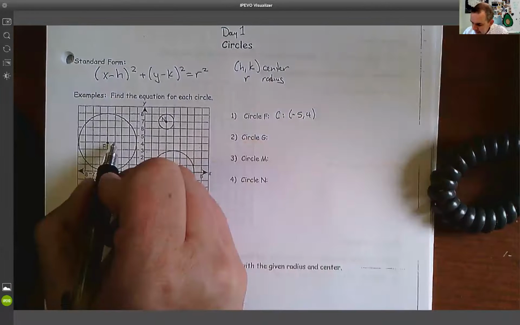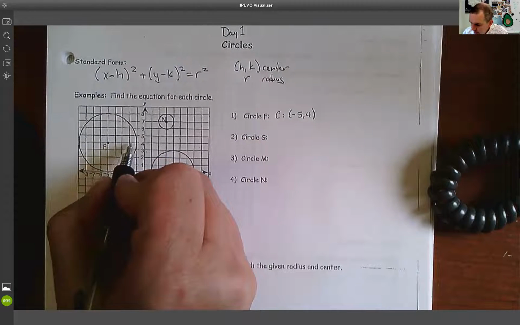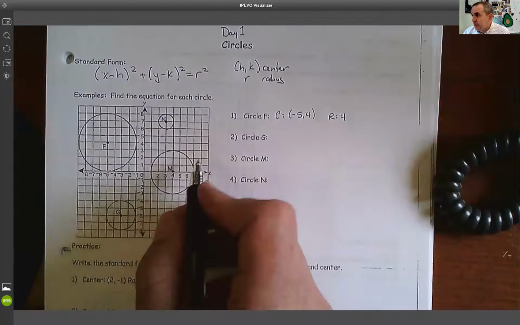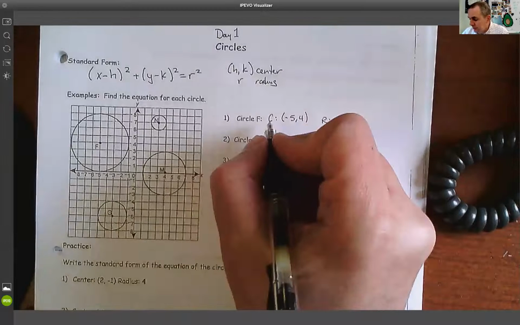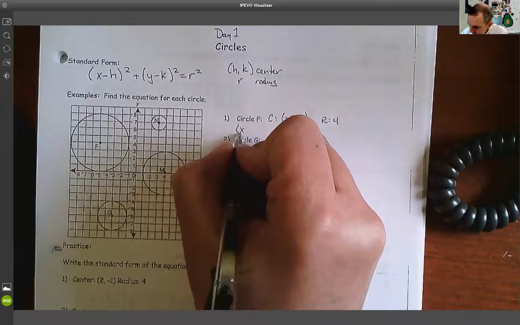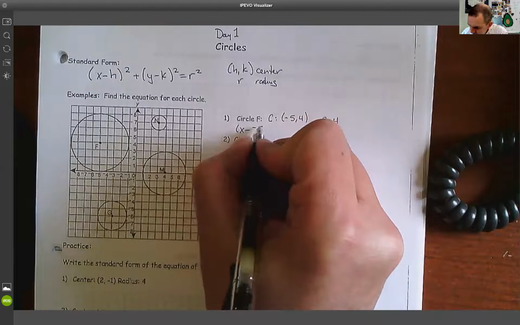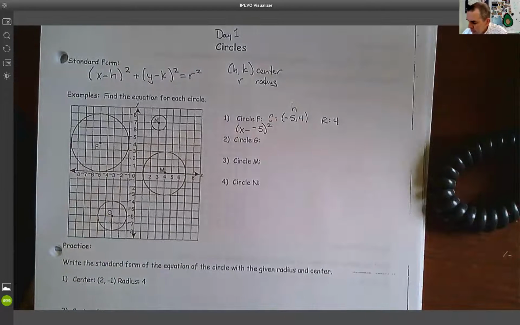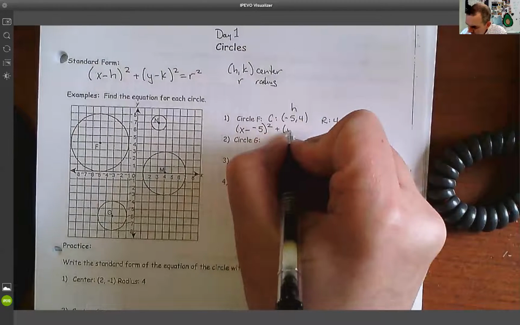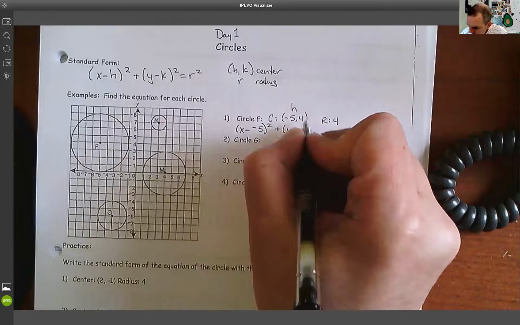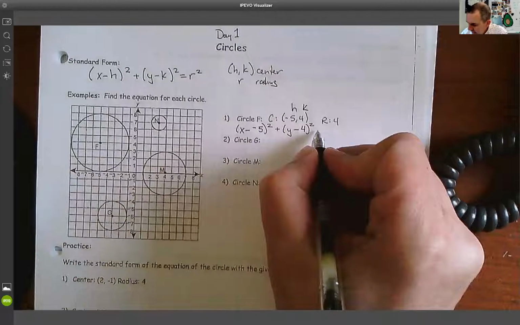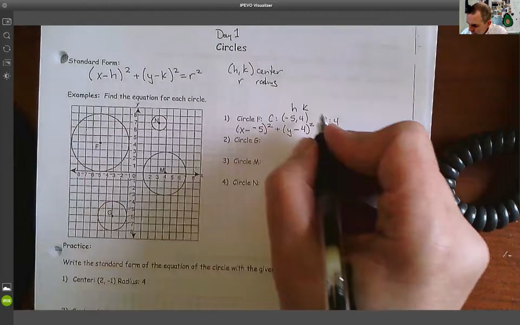And the radius, if I count, is 1, 2, 3, 4. The radius is 4. So if I fill in the blanks, I get (x − (−5))² + (y − 4)², because the x part is my h and 4 is my k, equals the radius squared, which is 4².